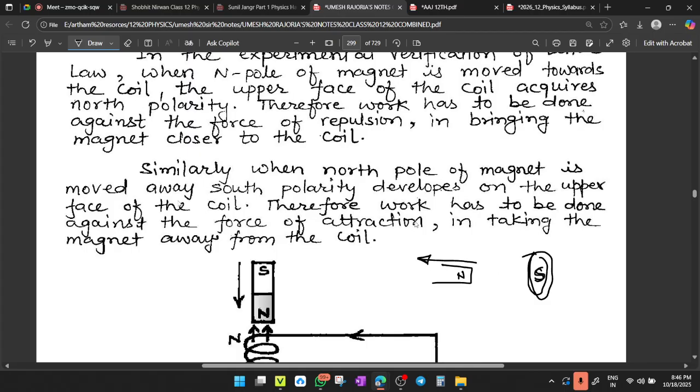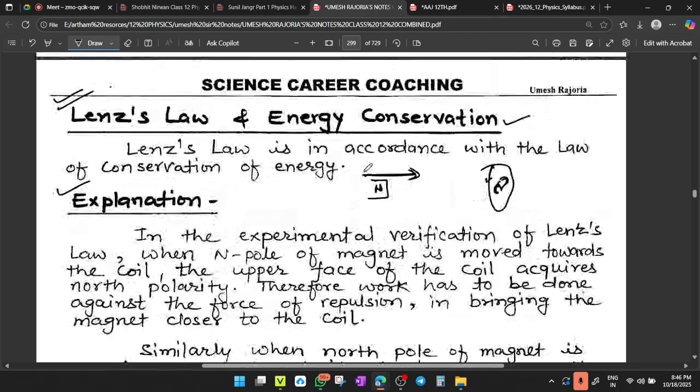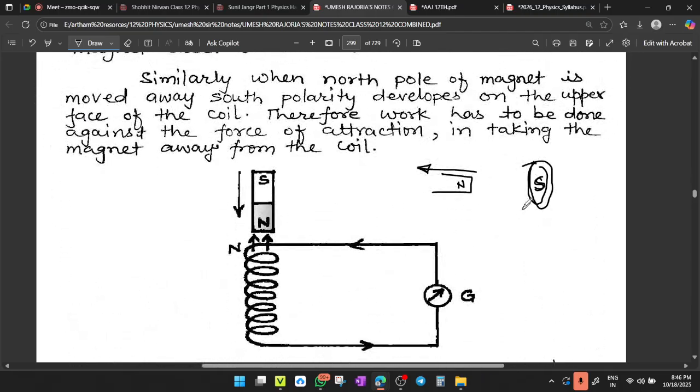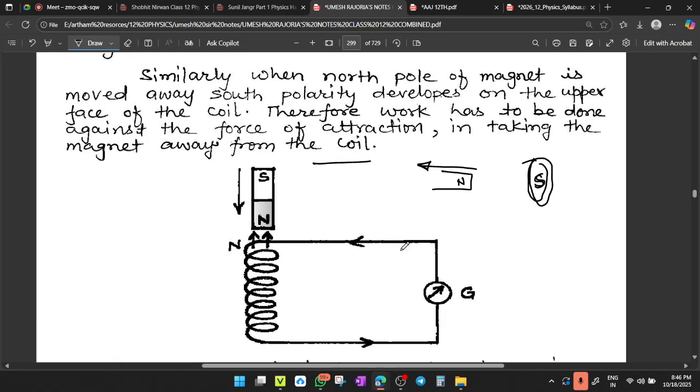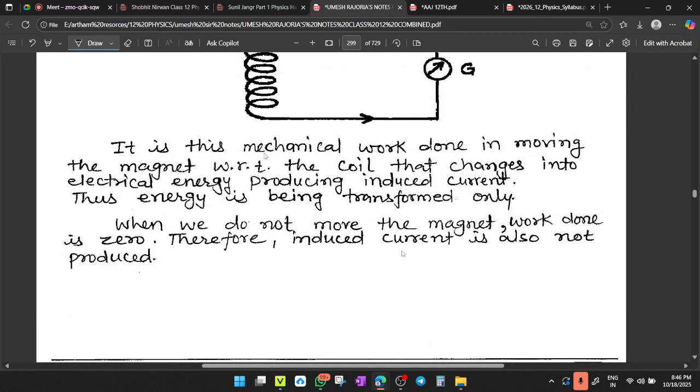So work has to be done against the force of attraction. Yes or no? In both cases, you have done some work. In the first case, to counter this repulsion; in the second case, to counter this attraction in taking the magnet away from the coil. Right? It is the mechanical work done.